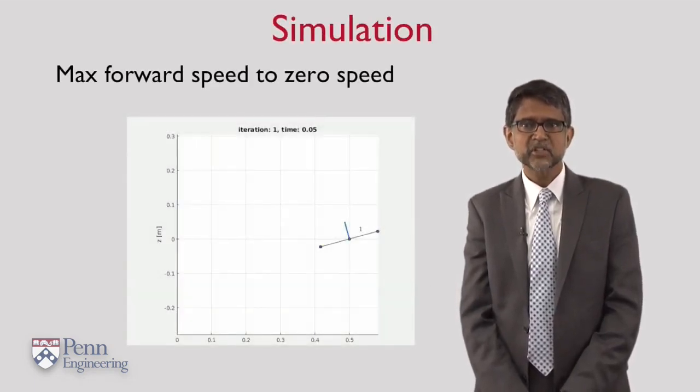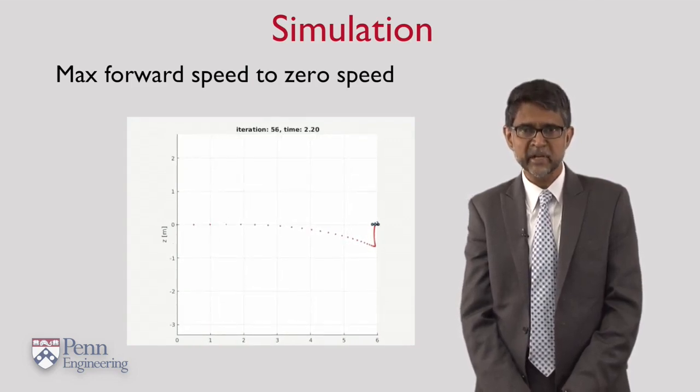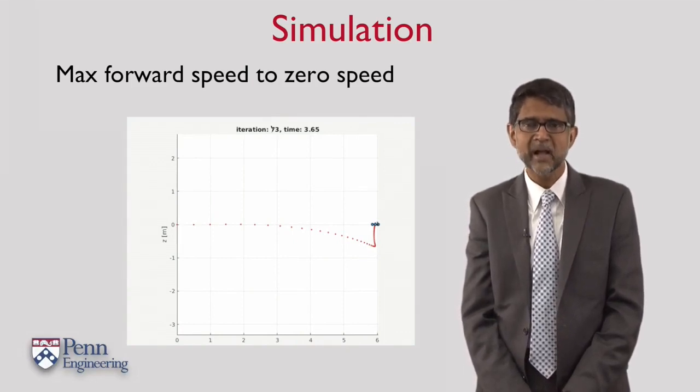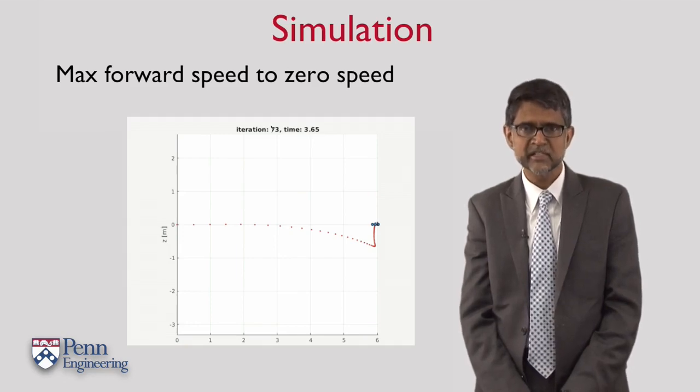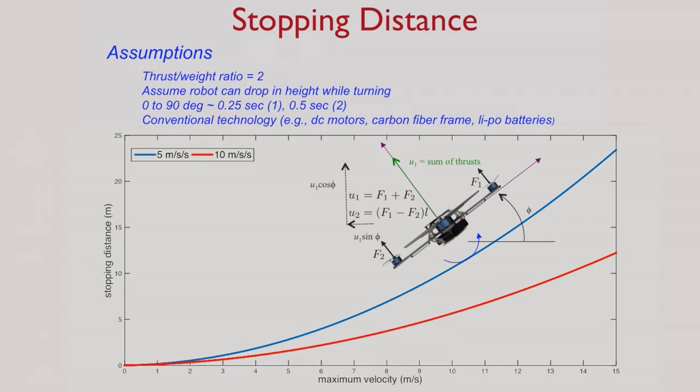You'll see the robot starting from a maximum forward speed and effectively slamming on the brakes. But again, the brakes are slammed on by creating a reverse pitch, which generates a reverse thrust, and that slows the vehicle down.